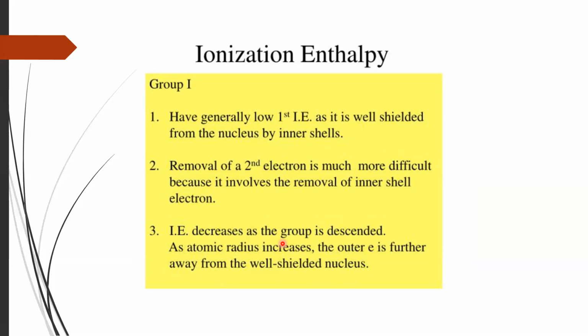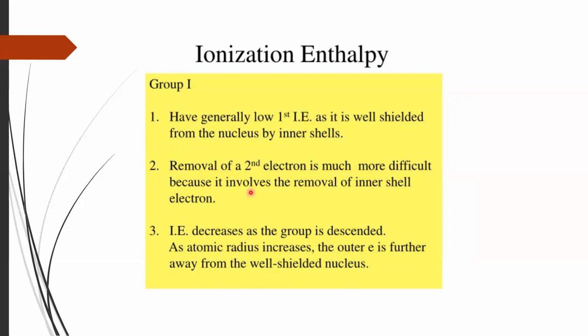Ionization enthalpy, as we have already discussed, what is ionization enthalpy. So these are the following trends of group 1 elements for ionization enthalpy. They have generally low first ionization enthalpy as it is well shielded from the nucleus by the inner shell. Next, removal of a second electron is much more difficult because it involves the removal of inner shell electrons.